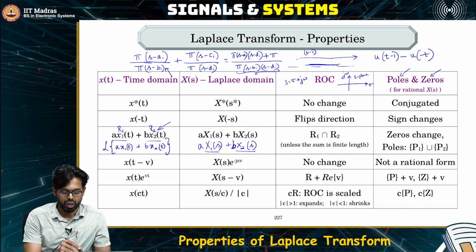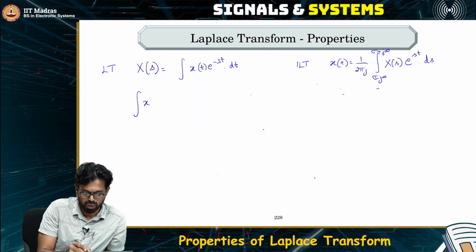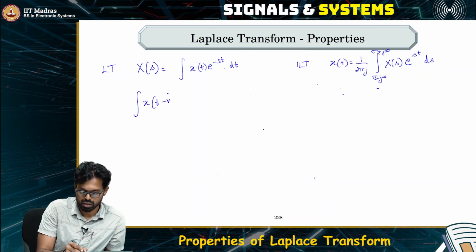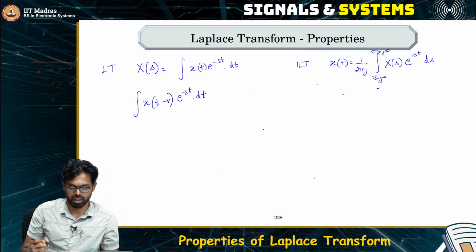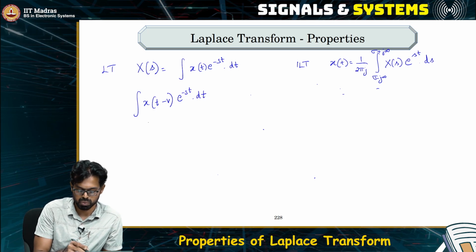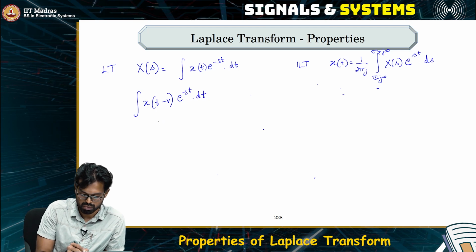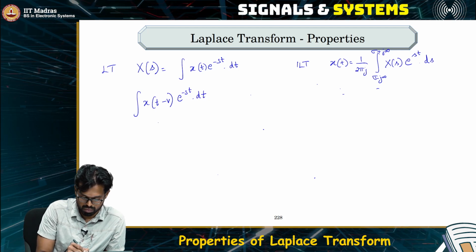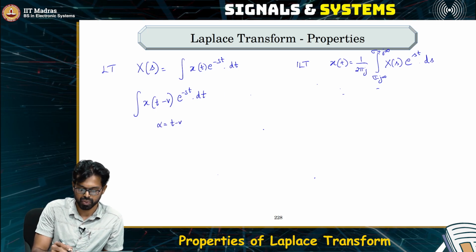Now let's try to see what happens when there is a time shift. So we compute the Laplace transform of x of t minus some v, e power minus st dt. We'll do as usual what we used to do earlier. We'll just do a change of variable. Let us call alpha equals t minus v.